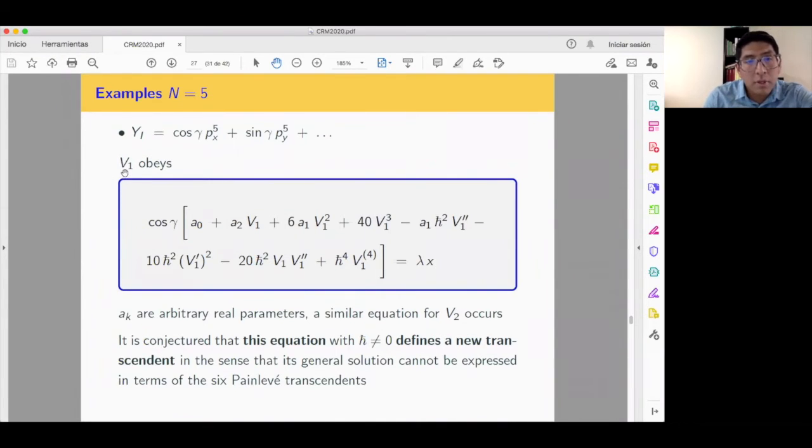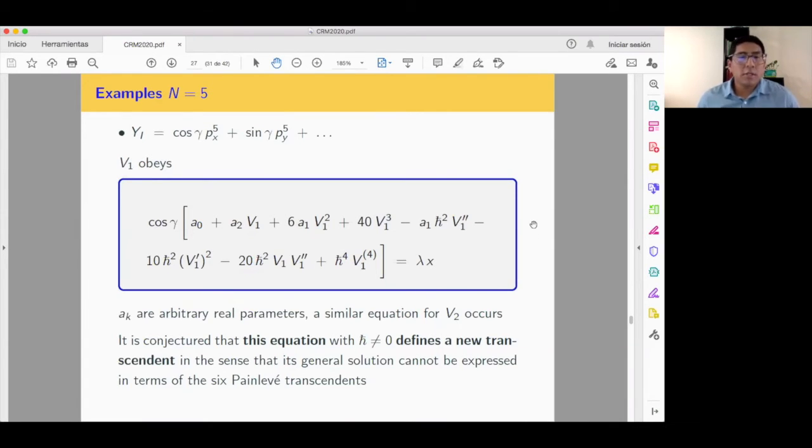For example, the x part, V1, must satisfy this fourth order ODE. Here, a0, a1, a2 are just arbitrary parameters, as well as lambda. And a similar equation will occur for the y part. But as I said, unfortunately, we were not able to find the general solution to this equation.